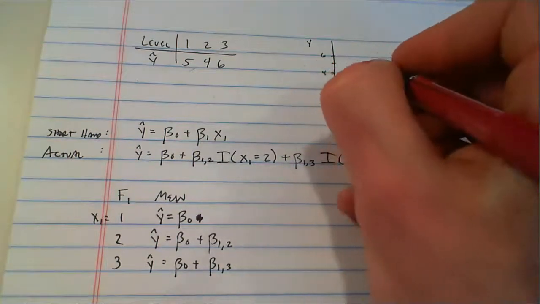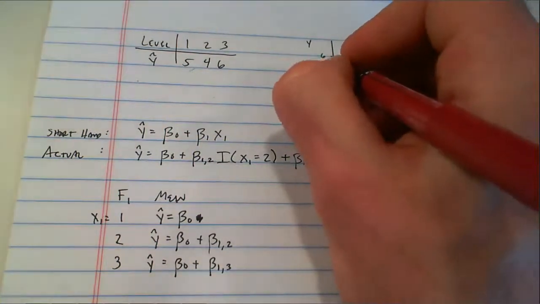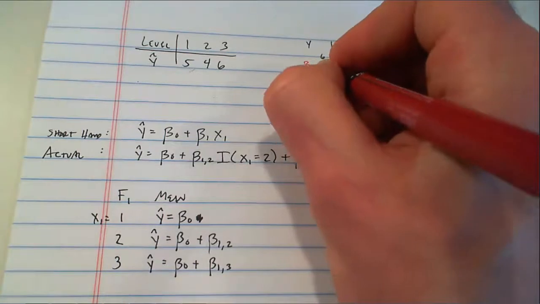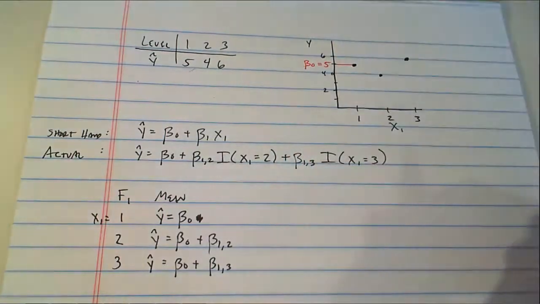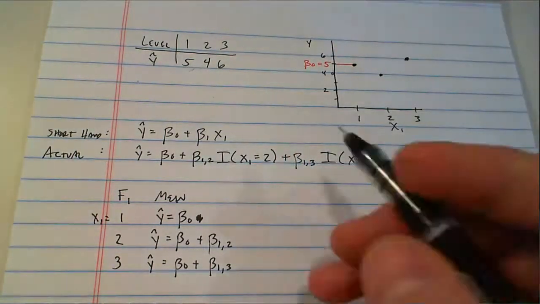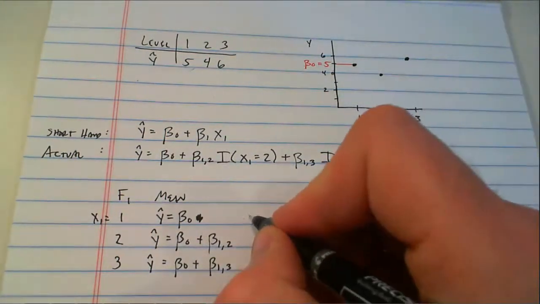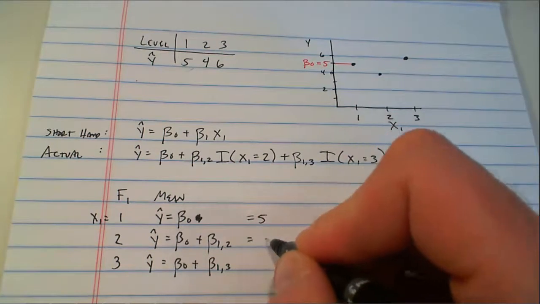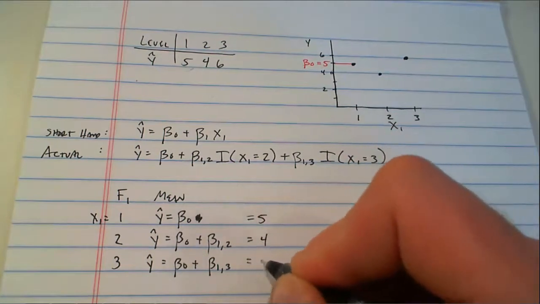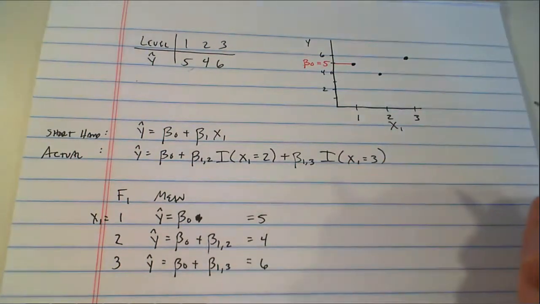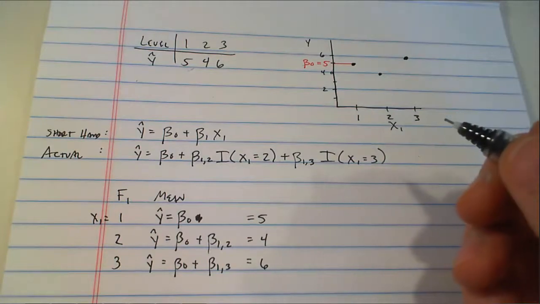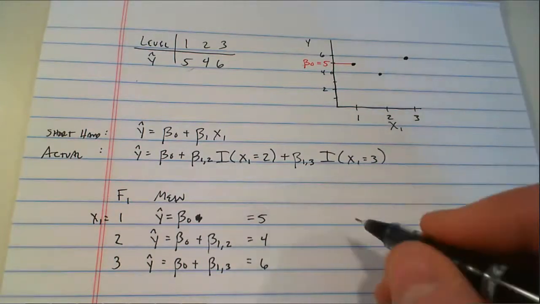So we have our baseline group where beta naught equals 5. Oh yeah, we didn't do that yet. So beta naught equaled 5, this equals 4, and this equals 6. So what are our betas?